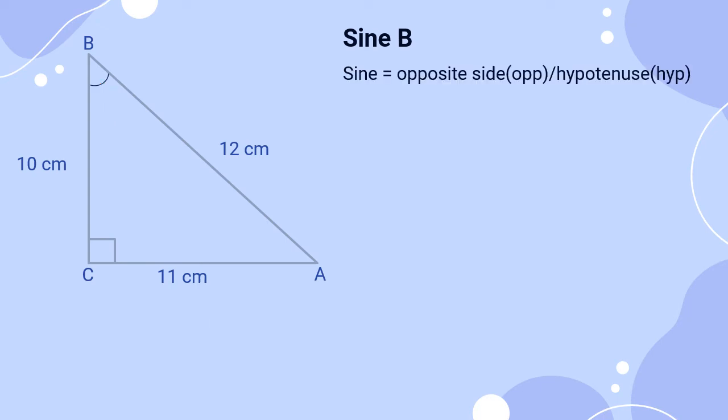The formula for sine is opposite over hypotenuse, or the SOH. So, sine B is equal to 11 over 12. The opposite side is 11 and the hypotenuse is 12. Our answer is already in the simplest form. So, sine B is equal to 11 over 12 centimeter.